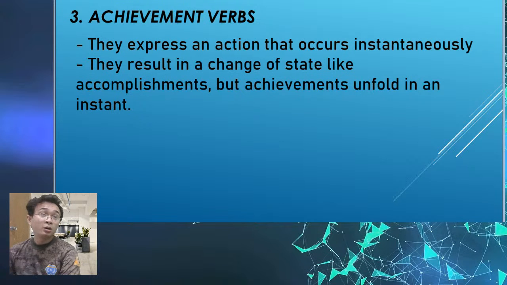But remember, even achievement verbs show a result, or they result in a change of state like accomplishments, but achievements unfold in an instant. Not only does the verb happen instantaneously, the result or the achievement of the action also happens quickly.